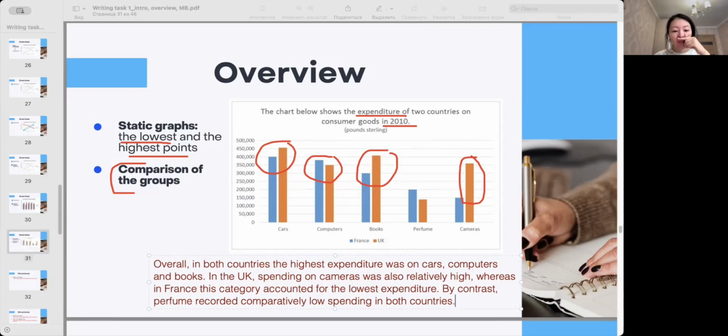In the UK, cameras represented a relatively high level of expenditure, while this category had the lowest figure in France. By contrast, perfume remained among the least purchased items in both nations. I just tried to paraphrase, right? In this case, yeah, you could use it like this.